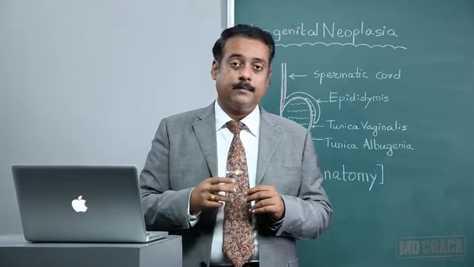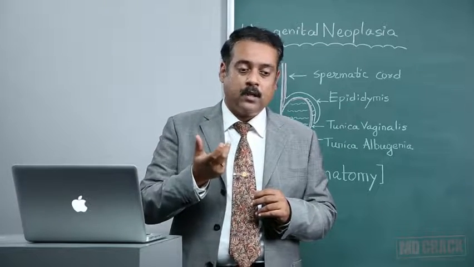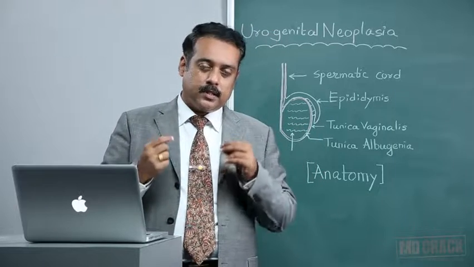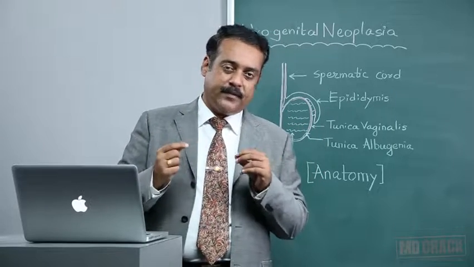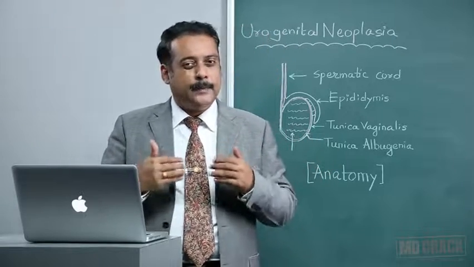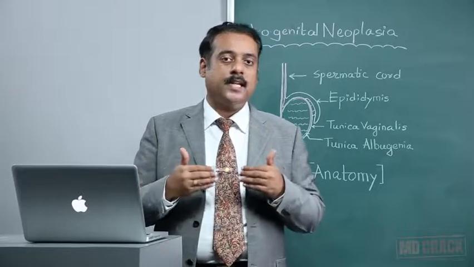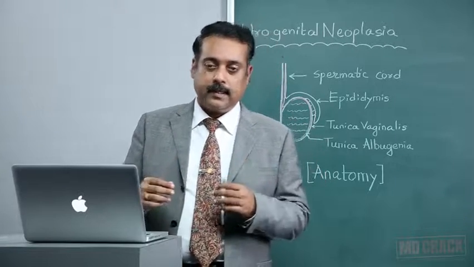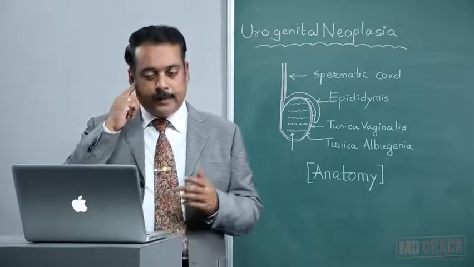Testicular torsion can sometimes give rise to momentary edema of the cord by twisting, but once we do a Doppler study, we can differentiate between a neoplasm and a torsion. Simple epididymitis, that is inflammation of the epididymis, can also mimic malignancy in an elderly person.